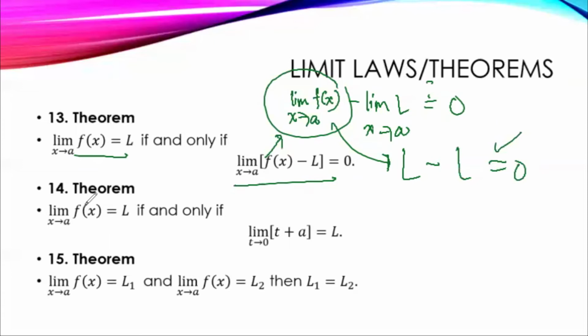For number 14, the limit of f of x as x approaches a is equal to L if and only if the limit of f of t plus a as t approaches 0 is equal to L. It is also a biconditional. If we evaluate this expression, the limit of f of t plus a as t approaches 0, we can simply substitute 0 for the variable t, so we have f of a.